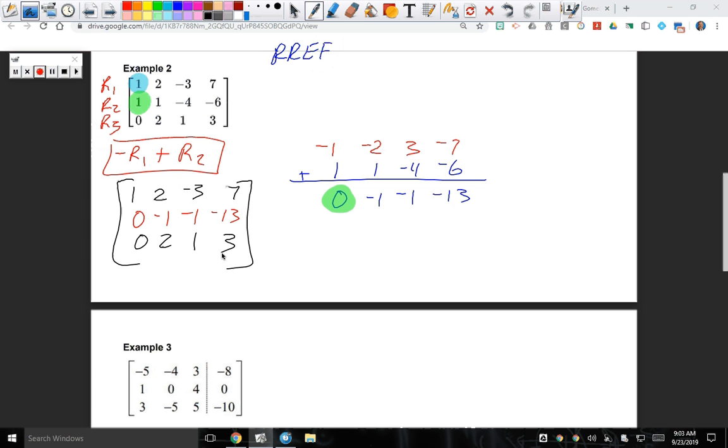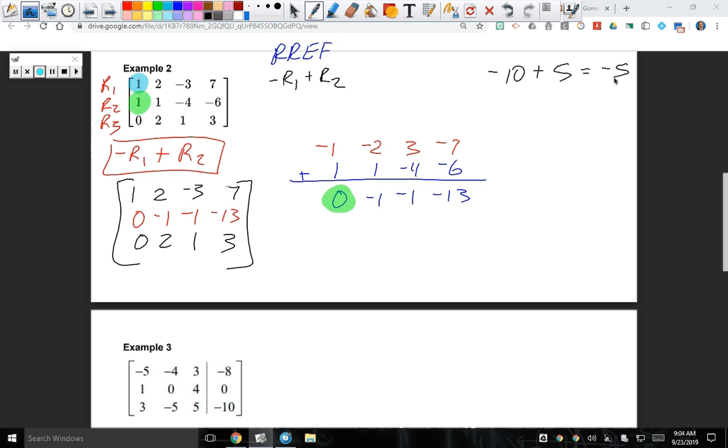Yes? Would it matter if you did negative row 1 plus R2, or would you do row 1 minus R2? Okay, so listen. A negative row 1 plus row 2, let's say that's like negative, I'm going to make up some numbers, 10 plus 5. What would you get? Negative 5. And Michael asked a very, very good question.